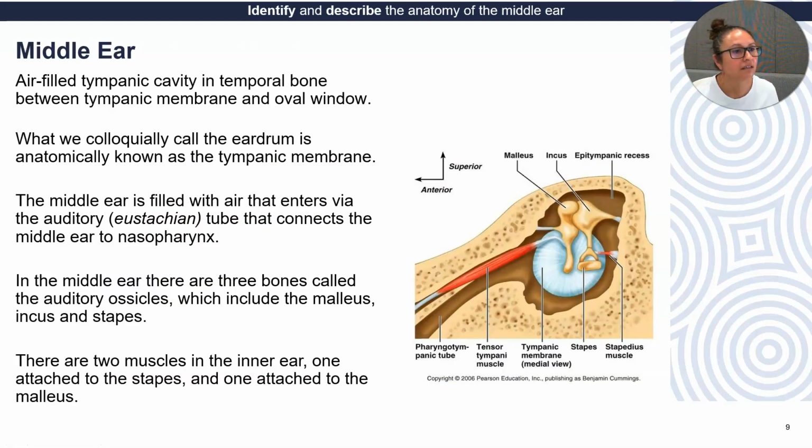All right, so now we can look at the middle ear. The middle ear has the eardrum in it. Okay, now let's have a look. This picture is looking at the middle ear from the back. So if you have a look here, this is superior and this is anterior.